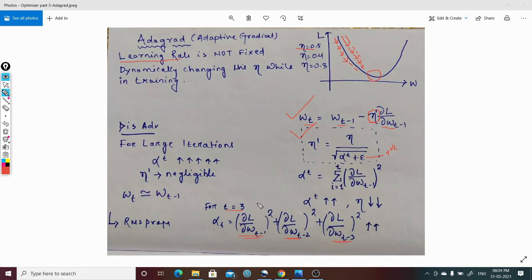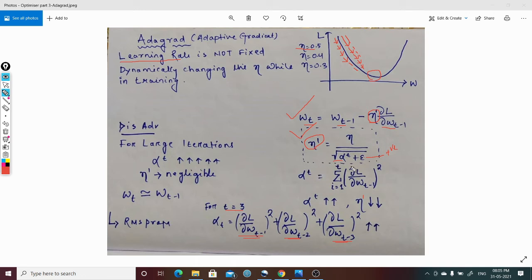So while the training or iteration increases, this alpha value also increases. As this alpha value increases while training increases, this eta dash will decrease, right?